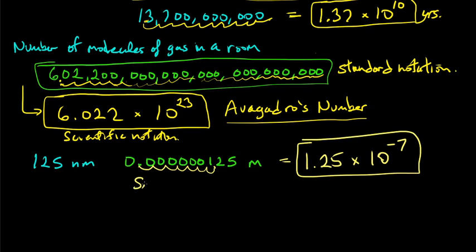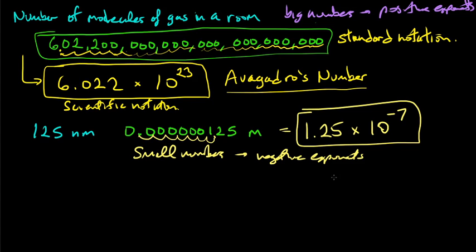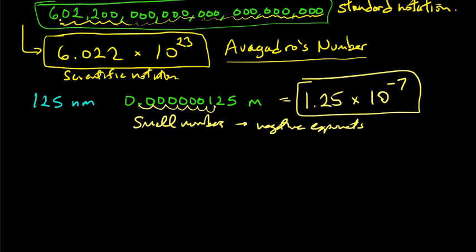So yeah, for small numbers, you're going to get negative exponents. For big numbers, up here, you get positive exponents. A little sloppy, right? Is that okay? Yeah, so negative exponents, right?